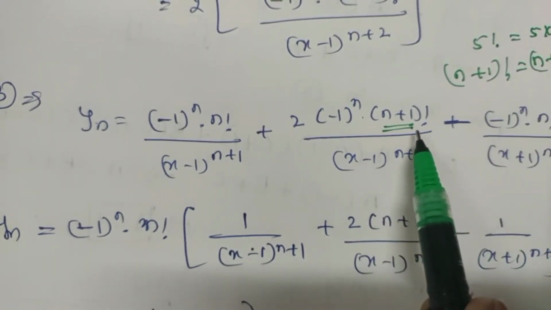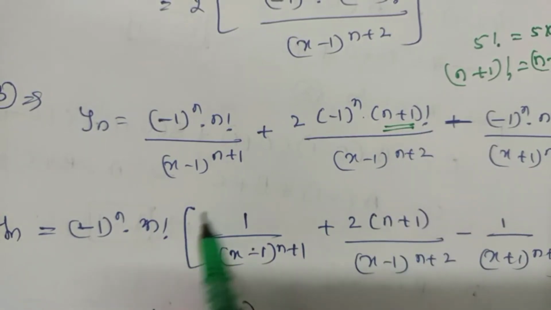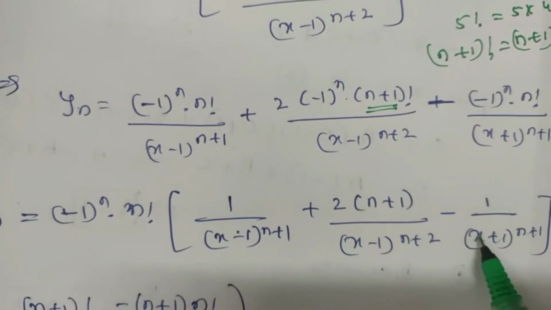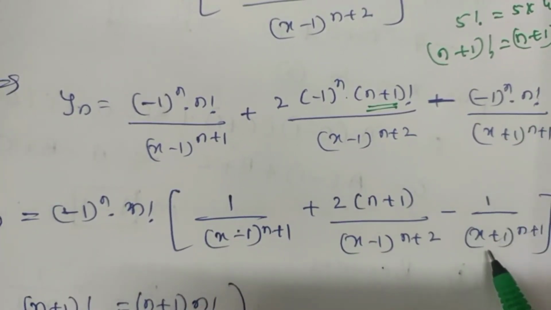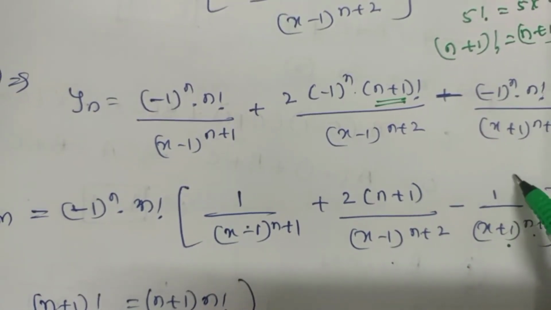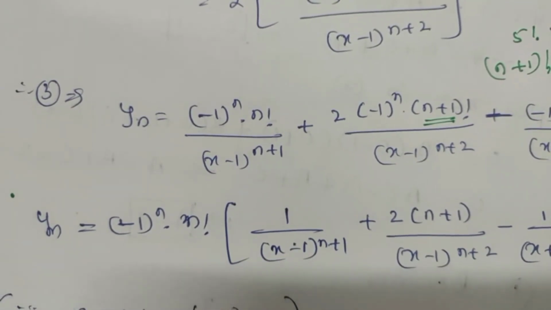So let us take n factorial outside and write the remaining term as n plus 1 with the denominator as it is, and minus 1 divided by x plus 1 raised to n plus 1. So this is the simplified form of the nth derivative of the given function.